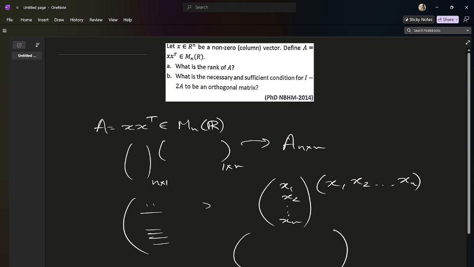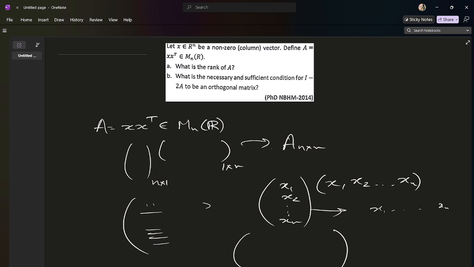We can easily see that every row of the matrix is a linear combination of this row. By elementary row operations, we can make all rows 0 except the first row, our generator row.